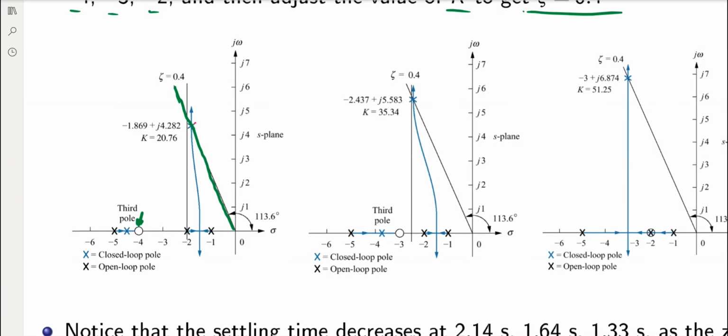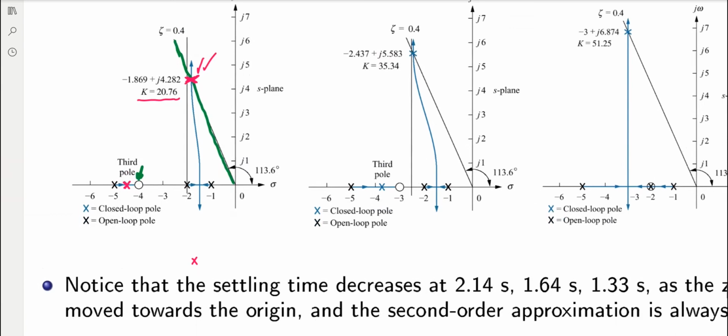And by properly choosing the value for the gain of the controller, which is k equal to 20.76, we are satisfying that. Okay, so zeta equal to 0.4 is there. We have two poles here and there, and the third pole is here at almost -4.5. And we will see how the settling time is improved.